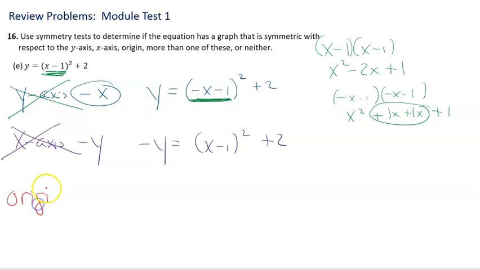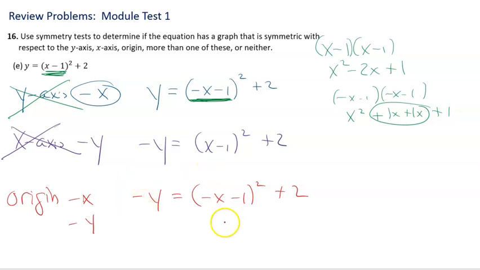And we have seen a problem that had origin symmetry, but it didn't have x or y symmetry, so that can happen. That's negative y is equal to (negative x minus 1) squared plus 2. Okay, now again, remember we had trouble comparing. We know that this on the right is definitely not equal to that. But what about this negative in front?